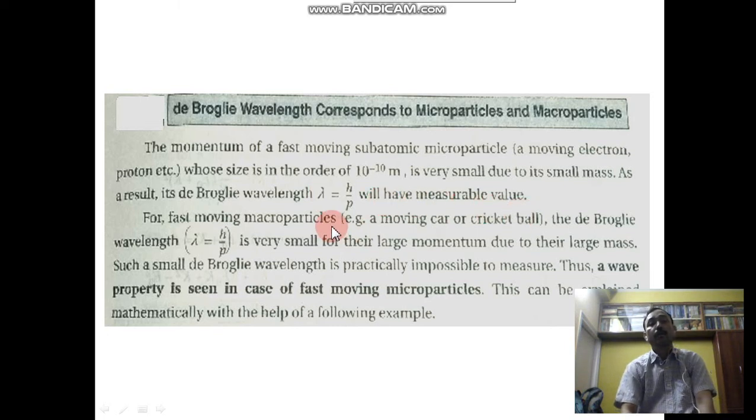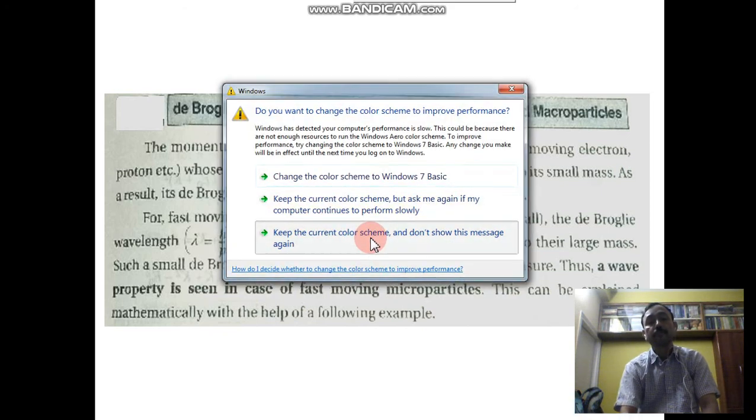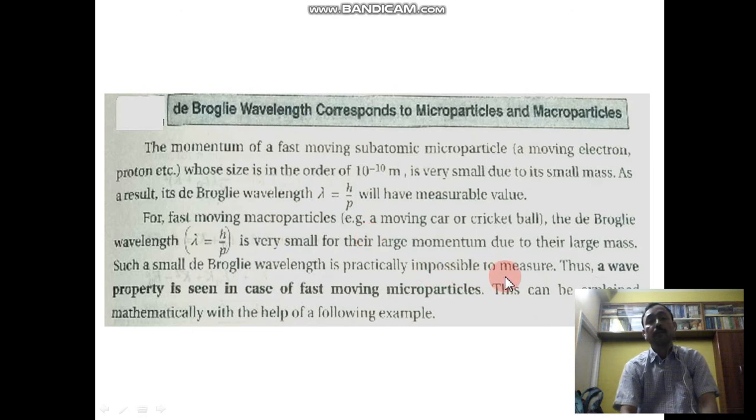But for moving macroparticles, for example a moving car or a cricket ball, the de Broglie wavelength lambda is equal to h by p is very small. That means m is more, and m more means lambda is less. So the wavelength is very small.